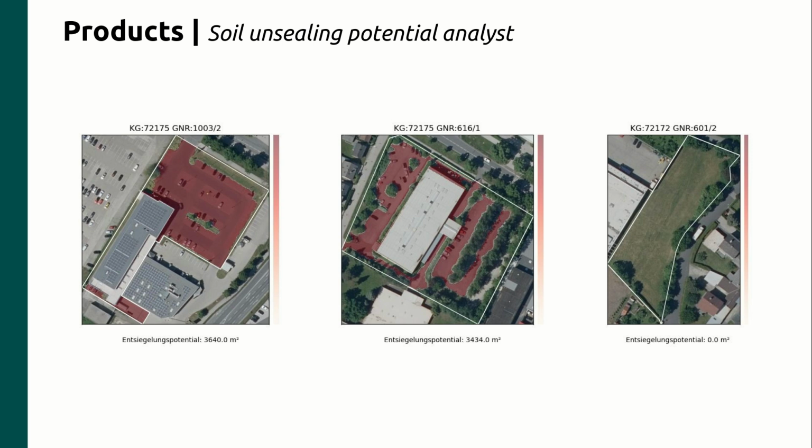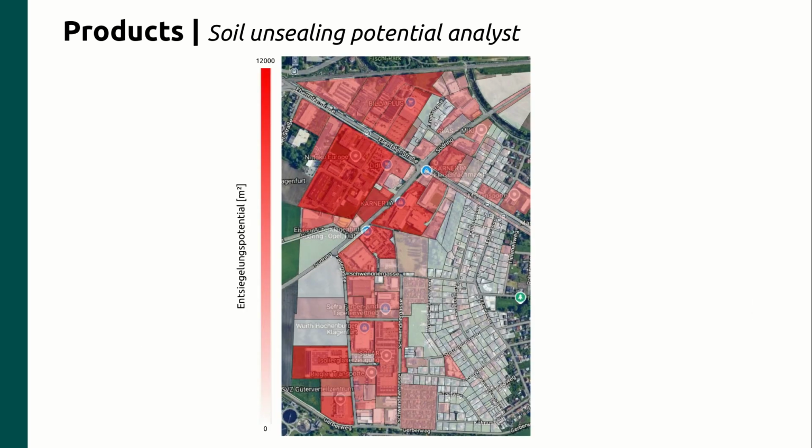This is meant to help companies look for unsealing potentials in their real estate portfolio, but also municipalities to screen whole areas or whole cities, each property individually. In the end, you can get a better idea of where you could, as a municipality, implement some measures to reduce soil sealing. So again, it is meant to be a decision support tool for municipalities to look for unsealing potentials.